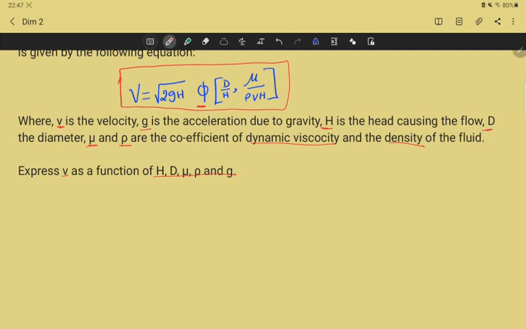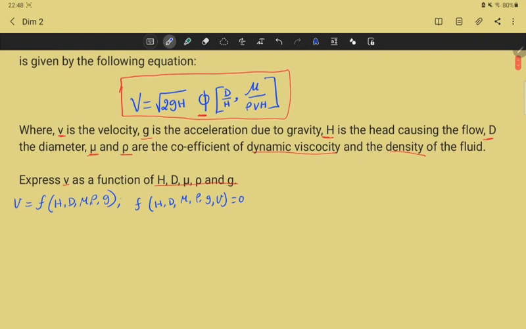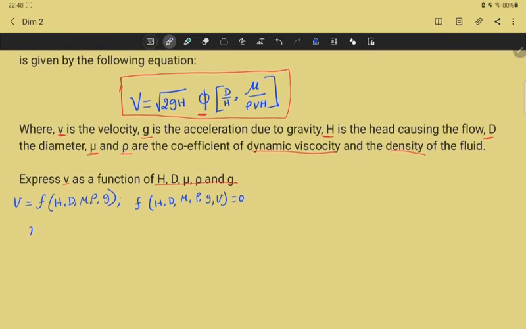We can express v as a function of h, d, mu, rho and g, which means I can write it as a function of h, d, rho, mu, g, and v equals 0. Now let us look at the total number of variables. N equals 1, 2, 3, 4, 5, 6.